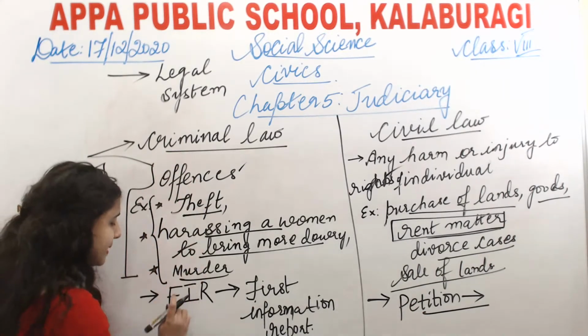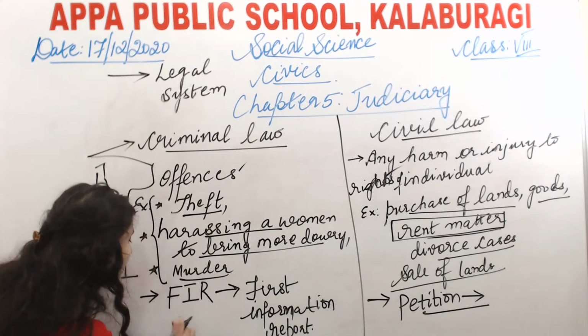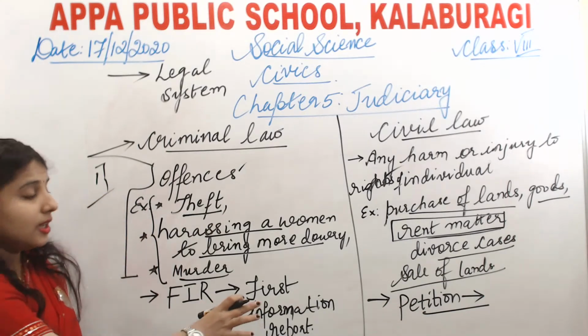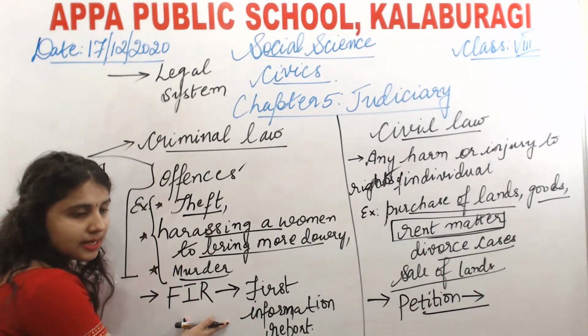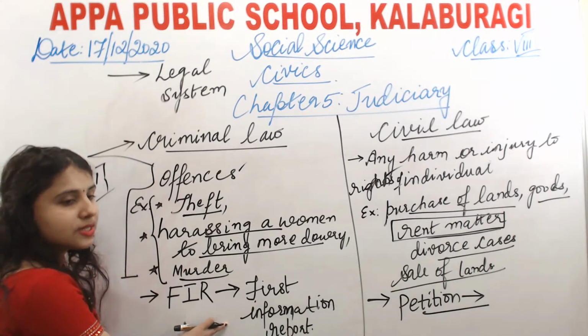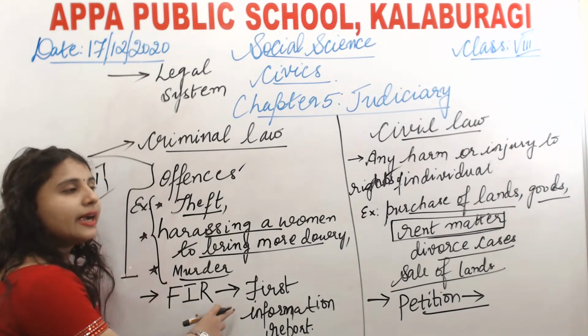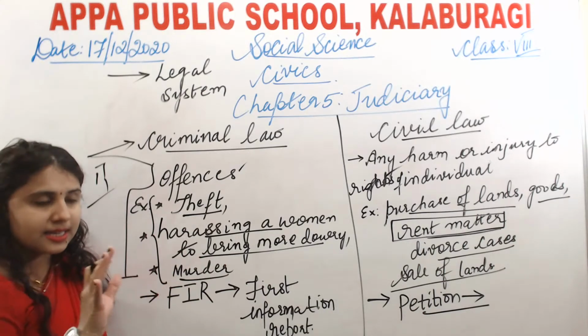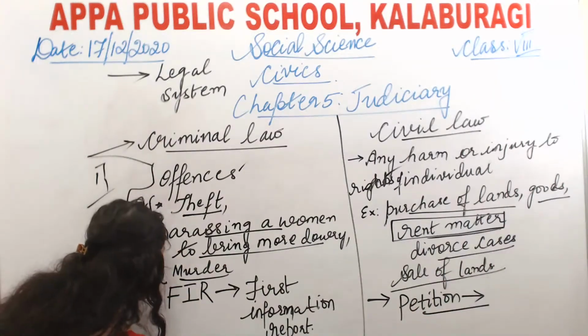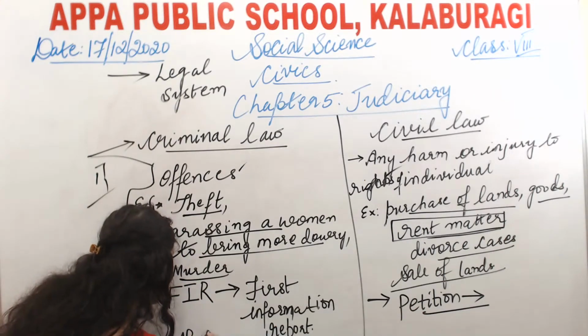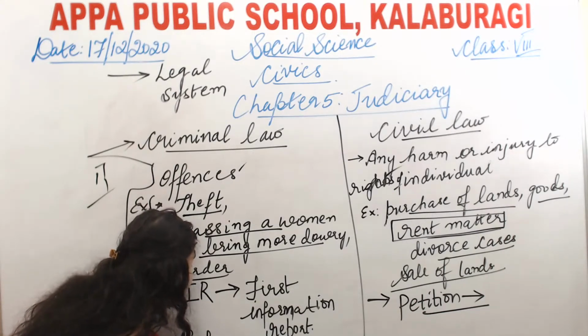When a case is filed, a person first goes and lodges a complaint in the police station. The police start the investigation and then a case is filed in the court.